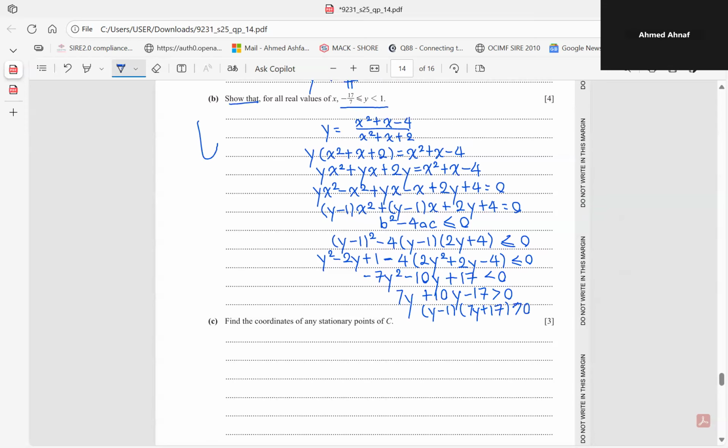Okay, now let's sketch the quadratic function. Let's write down the roots. So this is 1, and then this is minus 17 over 7, more than 0. So we're going to have to look at the region above the x-axis.